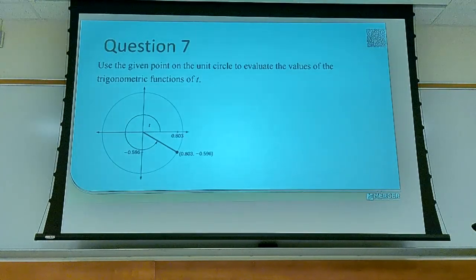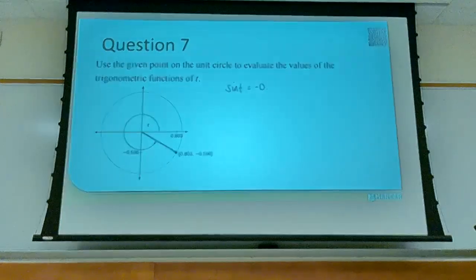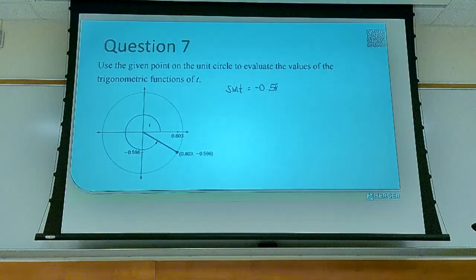And then, of course, you have to give us some decimals and approximations. Sine is negative 0.596. Cosine is 0.803. What is tangent?